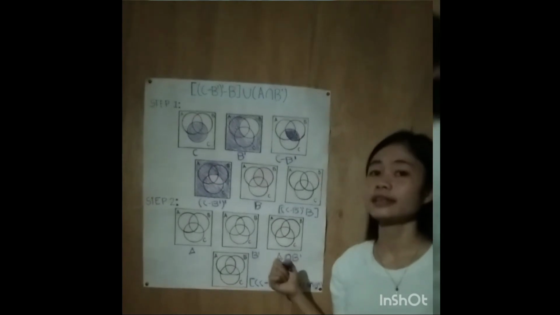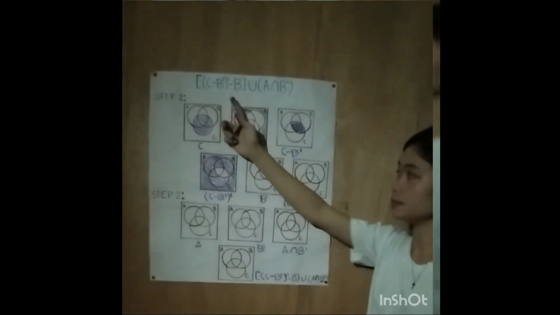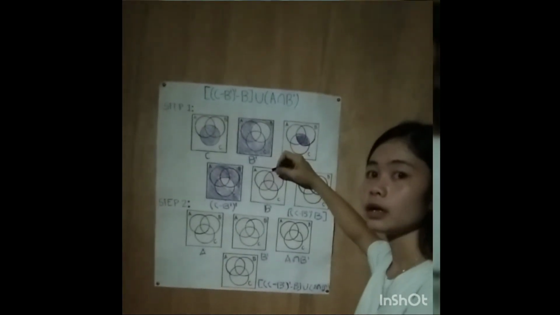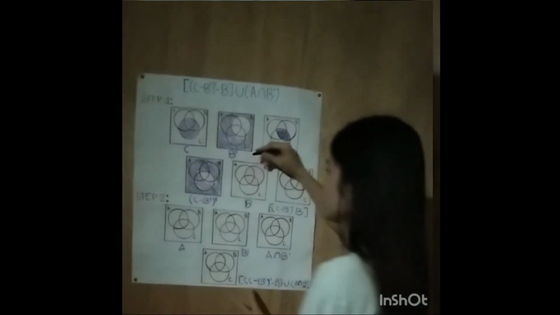And next, we will make the Venn diagram of the set B. So of course, we will shade only the circle B.